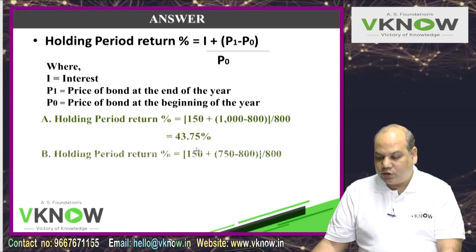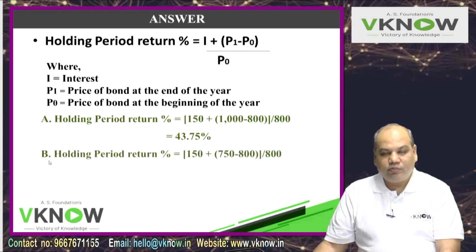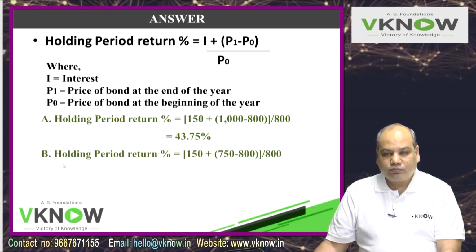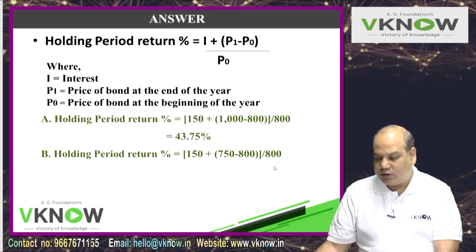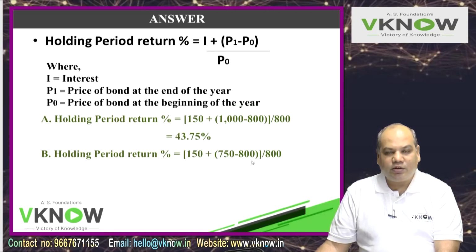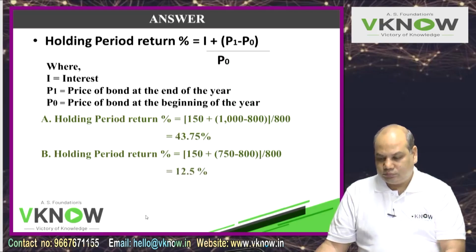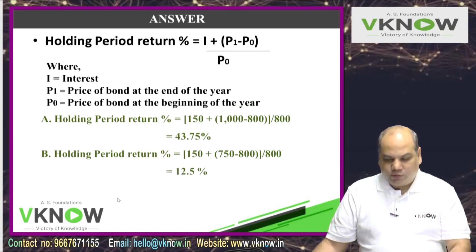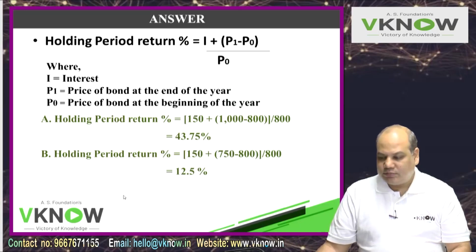If they change the question, then the answer will also change. Now write the answer of part 2, B. Again write holding period return percentage equal to, in the numerator write 150 plus in bracket 750 minus 800, upon 800. So this will be 150 minus 50, 100 divided by 800, that is 12.5%.